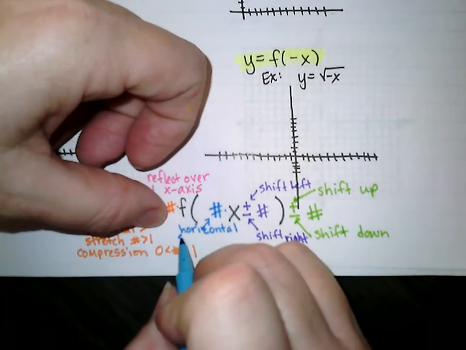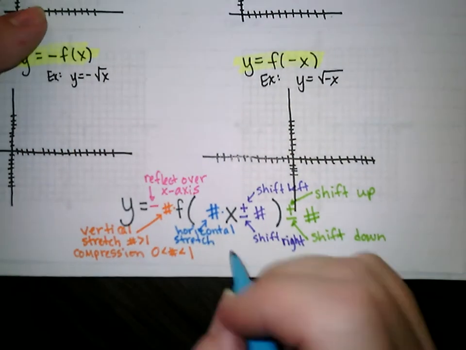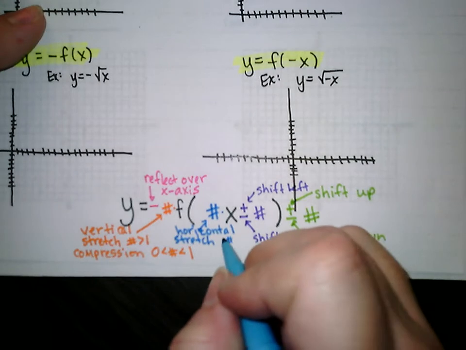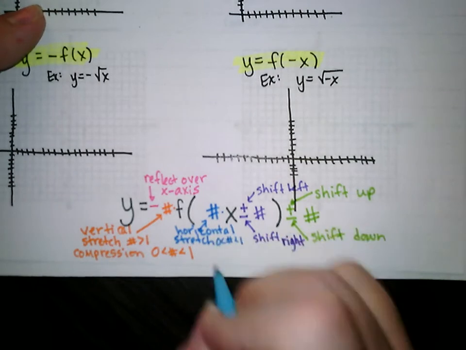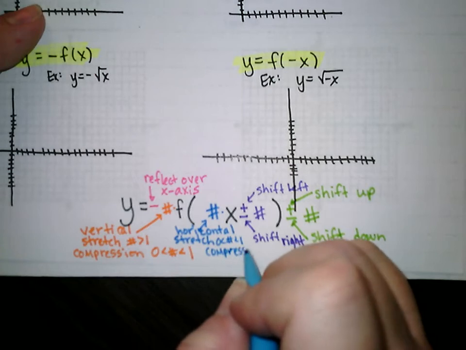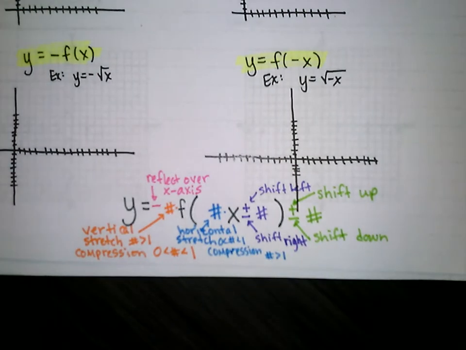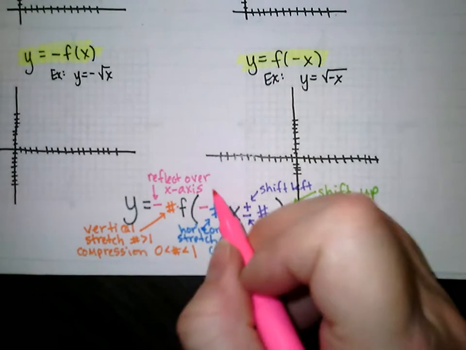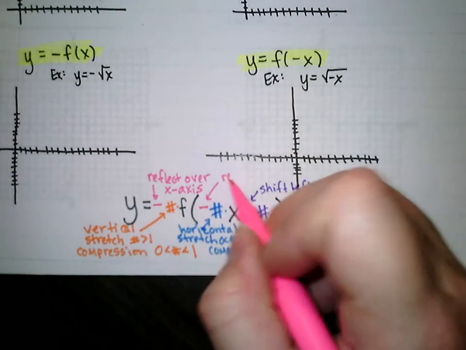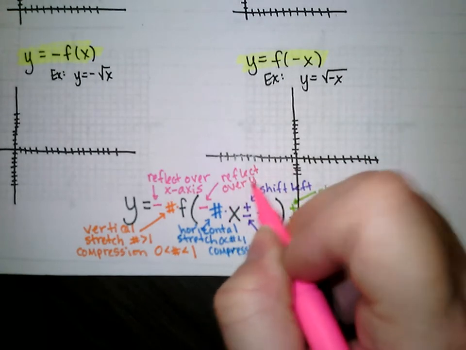So this one does a horizontal stretch if our number is between 0 and 1, and a horizontal compression if that number is bigger than 1. And again, if that number is negative, that's going to be a reflection, but this time it reflects over the y-axis.